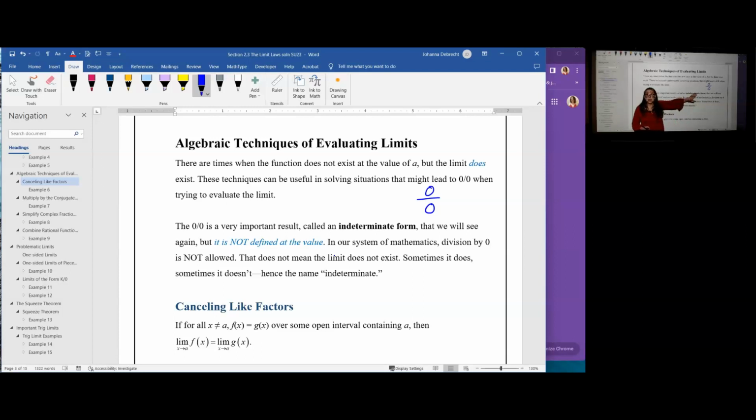However, this is not the number 1. 0 is the only number that divided by itself does not give the number 1. 2 divided by 2 is 1, 3 divided by 3 is 1, but 0 divided by 0 does not exist. But the limit may exist, or it may not. It's indeterminate. The other one we're going to encounter is infinity minus infinity.